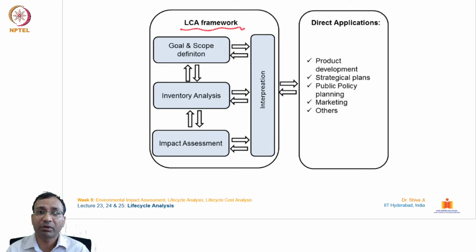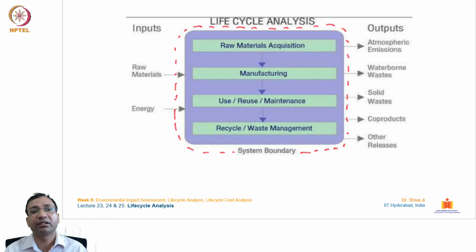For example, product development, strategic plans, public policy planning, marketing, etc. It will be clearer in this illustration if you see. This red dotted line is the system boundary of that particular product, for example.